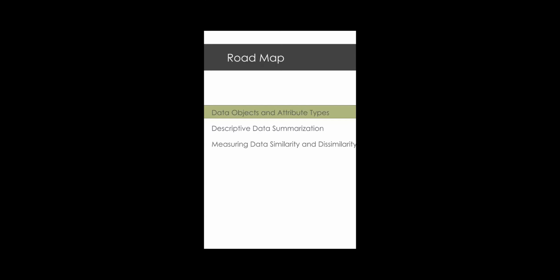In a medical database, you represent the patients, and in a similar way, in the university database, you can represent the students, professors and courses. This information in a particular database you have to represent. So data sets are made up of data objects, and data objects represent an entity.